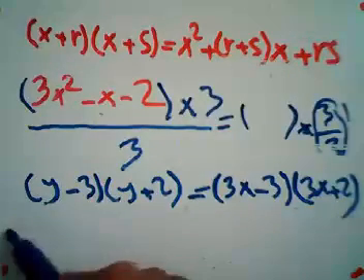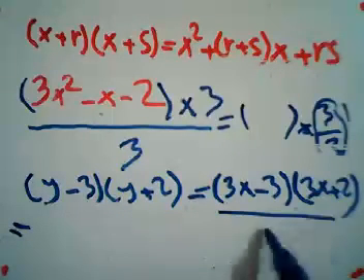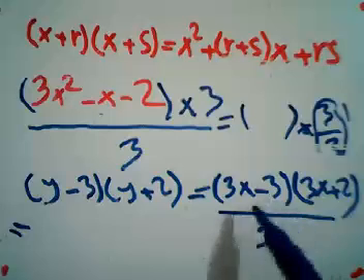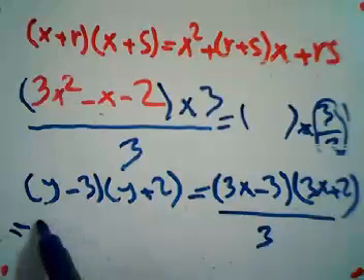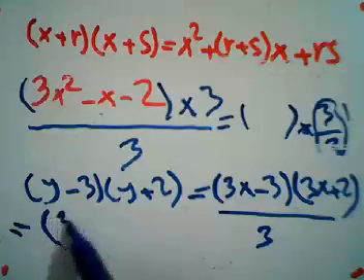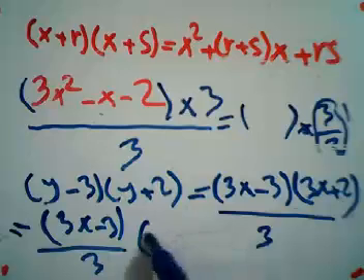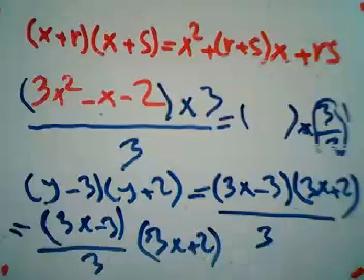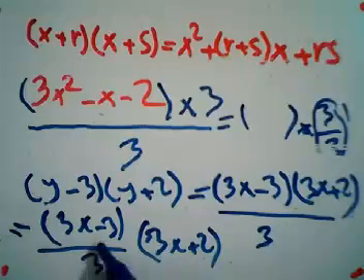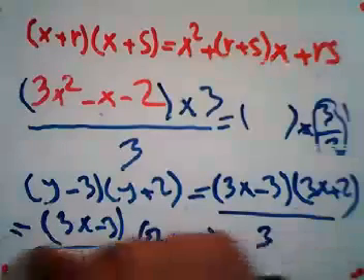So the original polynomial would be this divided by 3, which would be 3x minus 3 over 3 times the second parenthesis, which is equal to x minus 1.